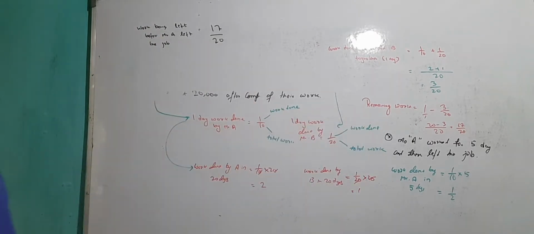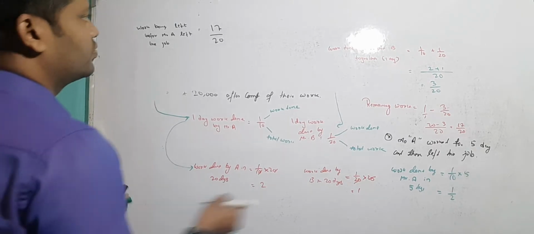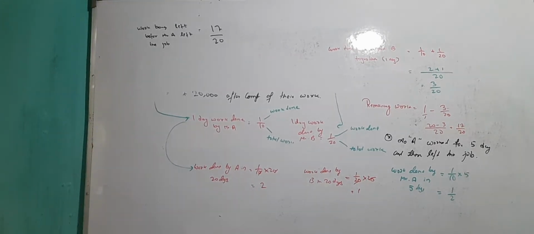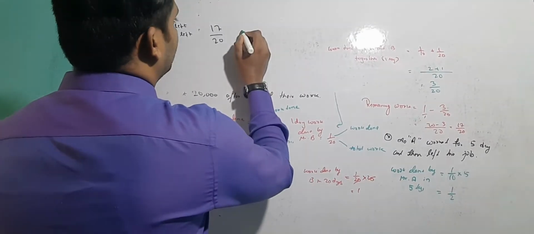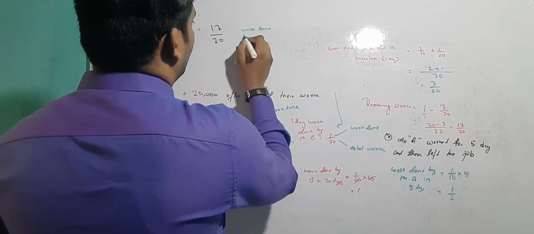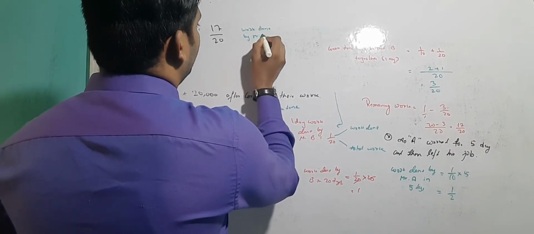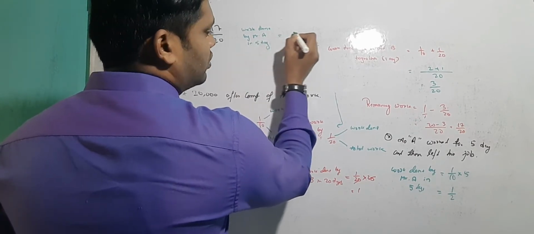After that, A has worked for 5 days. We'll write work done by A. So write work done by Mr. A in 5 days. So how much? 1 by 2.